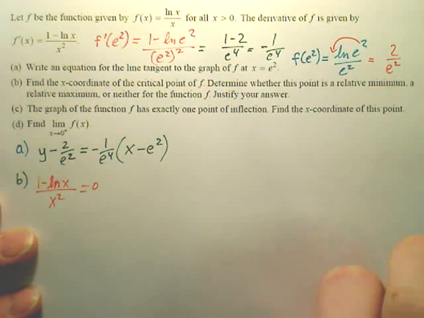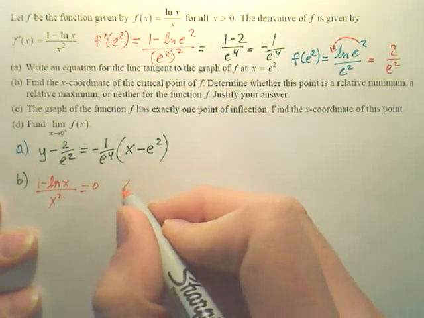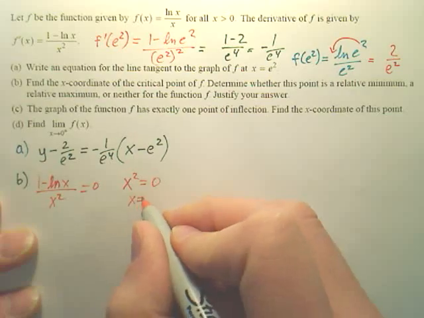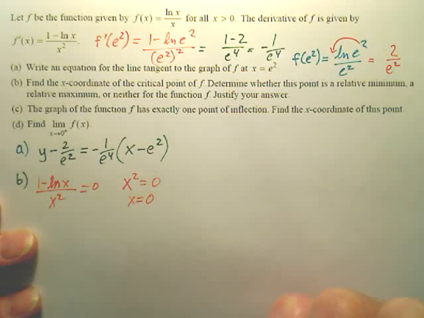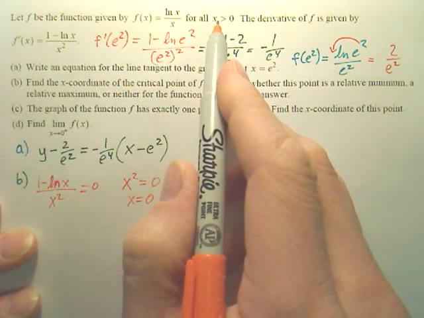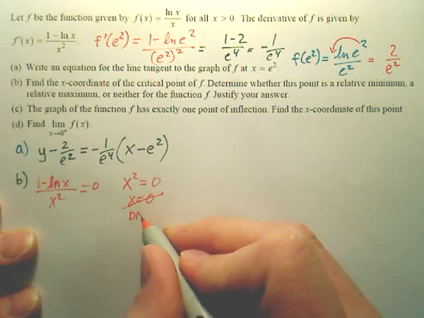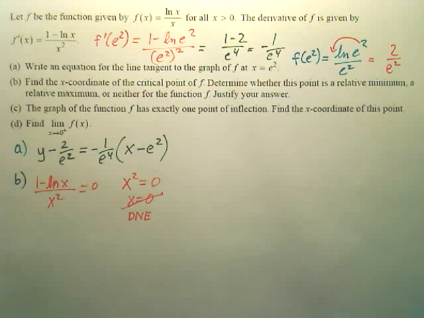So where does this equal 0? Well, when you set the bottom equal to 0, isn't that 0? Does that point exist? Go back to my original. Can I cross that out? It does not exist. It's not part of my graph.